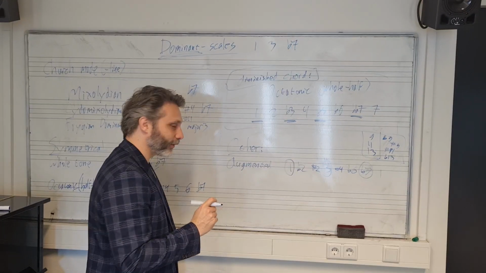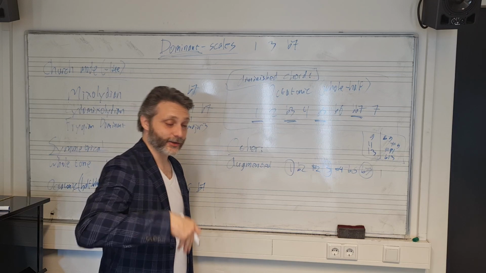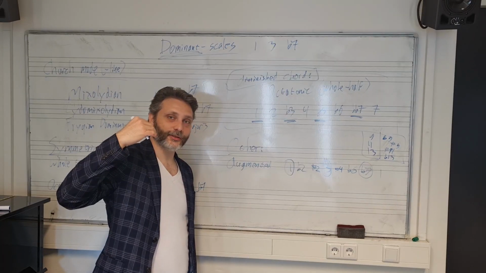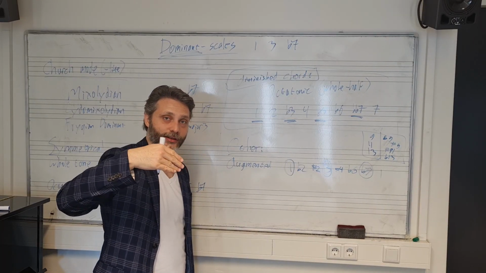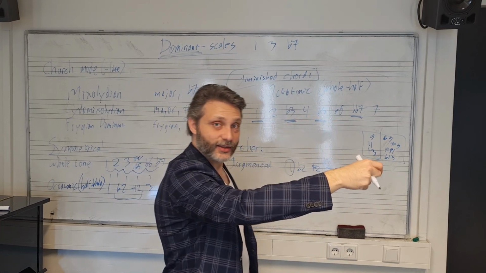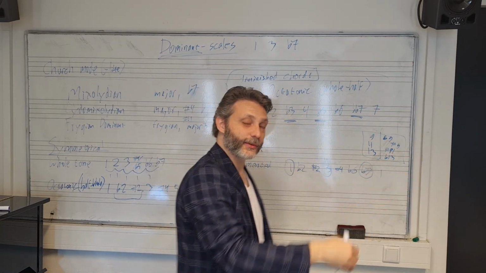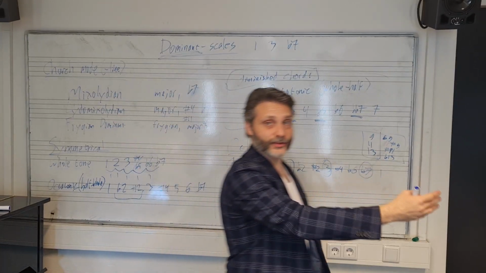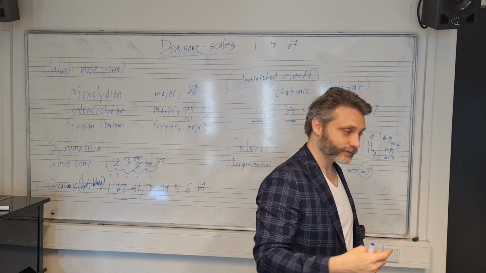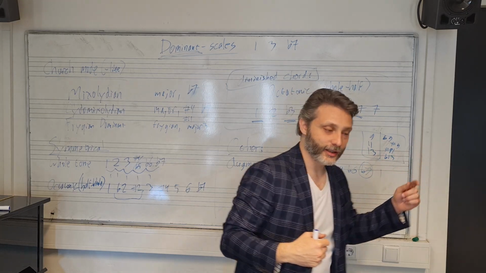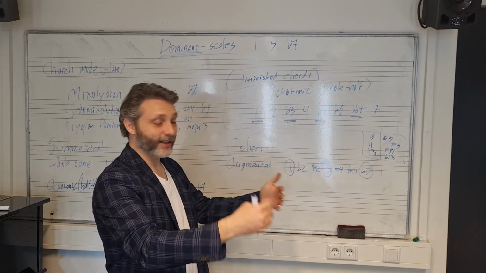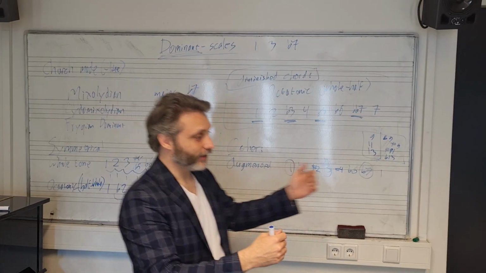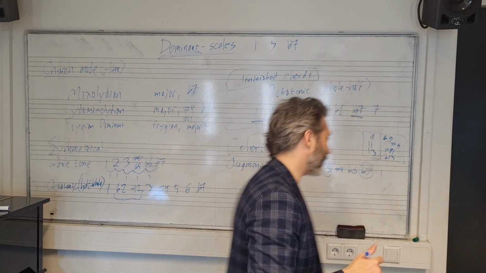So we have one more scale to go. Now, if we look back at melodic minor, then maybe you can remember we used a minor third, but we used a major sixth and major seventh. So the first part of the scale was minor, but the latter part of the scale was major. We're going to flip that around now. Now we're going to play major at first, and the latter part of the scale is going to be minor.